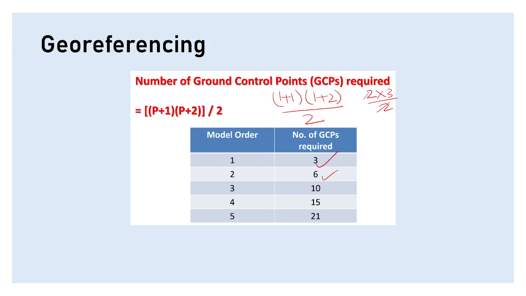Similarly you can calculate all these things. But as sir said, based on experience, mostly we will take thrice of whatever we got here. So where we calculated 3, we prefer to take 9 GCPs. Here we'll take into 3, so this is 18 into 3, that is 30. This will be 45 into 3, which is 63. Like that, we will be taking thrice of that.